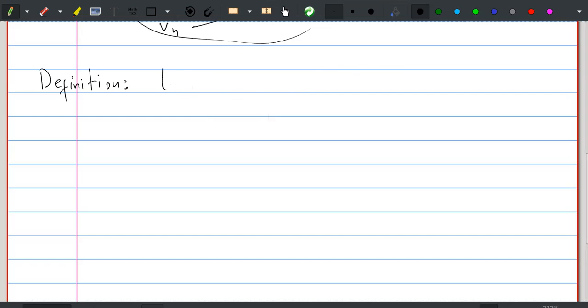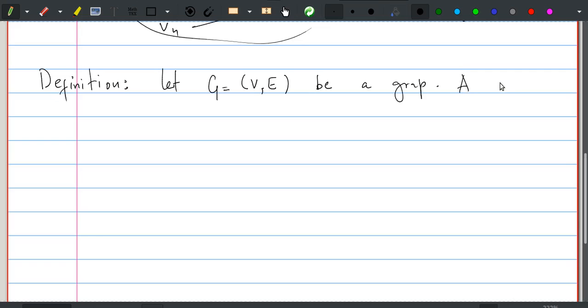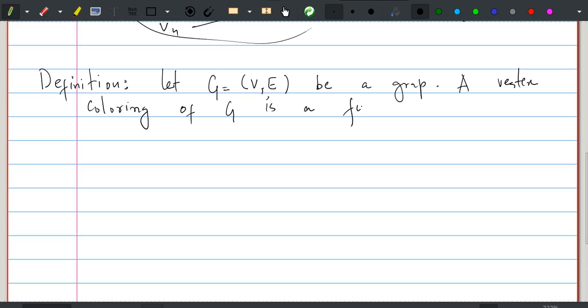So let us consider, let G = (V, E) be a graph, which is having vertex set V and edge set E. So a vertex coloring of G is actually a function.